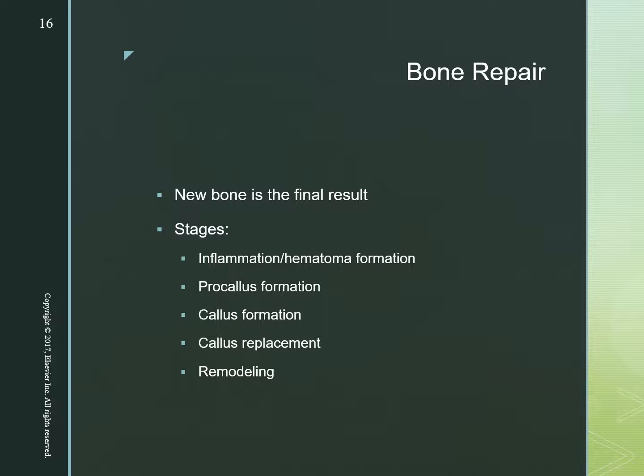Then we go into the replacement by basic multicellular units of callus with lamellar bone. There's remodeling of the periosteal and endosteal surfaces of the bone to the size and shape of the bone before injury. Then you get callus formation and callus replacement, but this can actually take up to 4 years in some cases to complete the whole process.